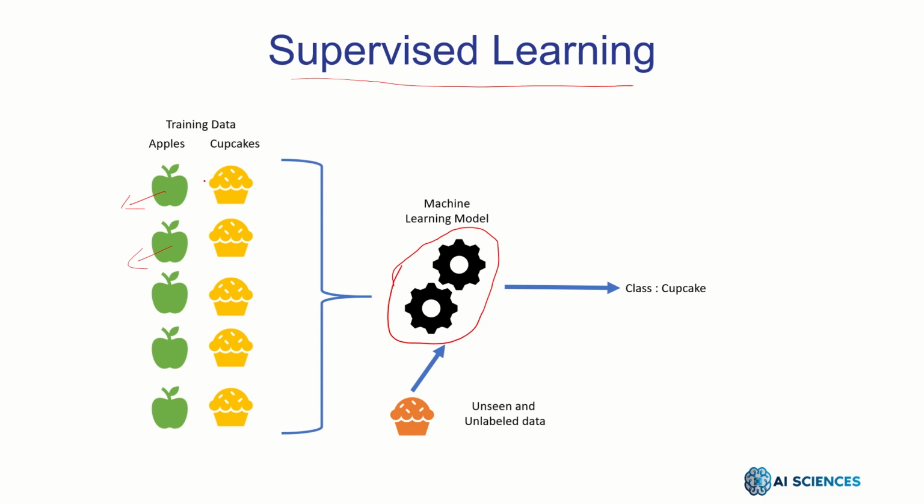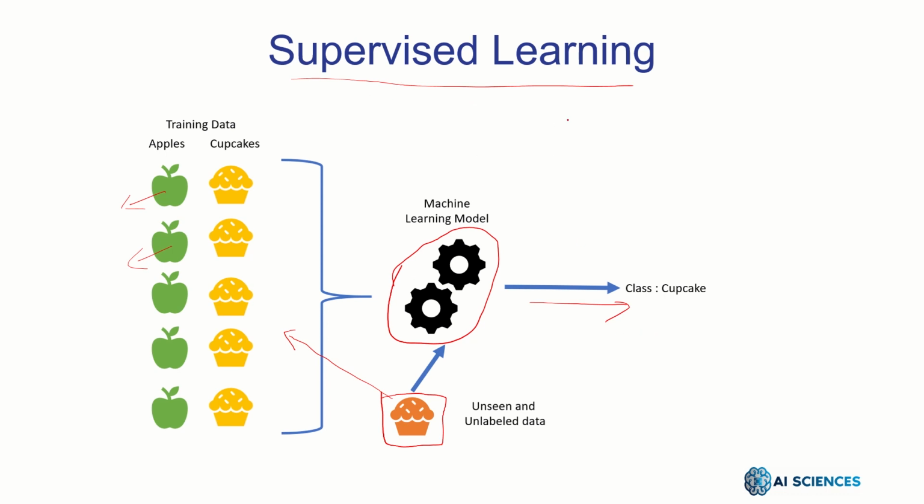So we show a lot of examples along with the labels. And once the model is trained, then we show an example without label, and we expect the model to predict its category, because we have shown similar kinds of objects, not exact, along with the labels. So we are expecting the model to perform accordingly.